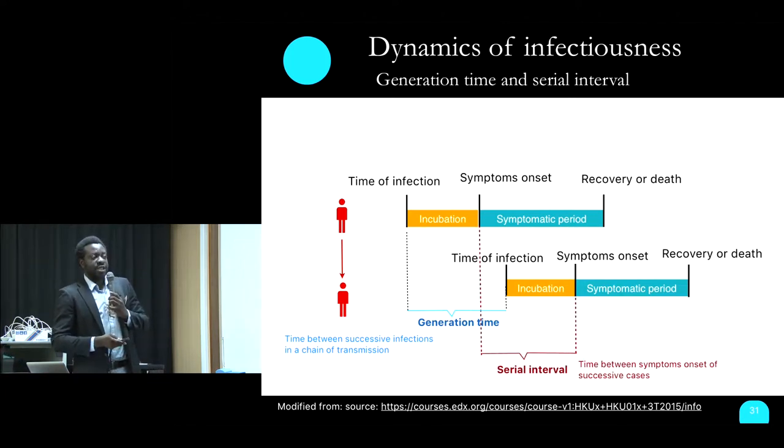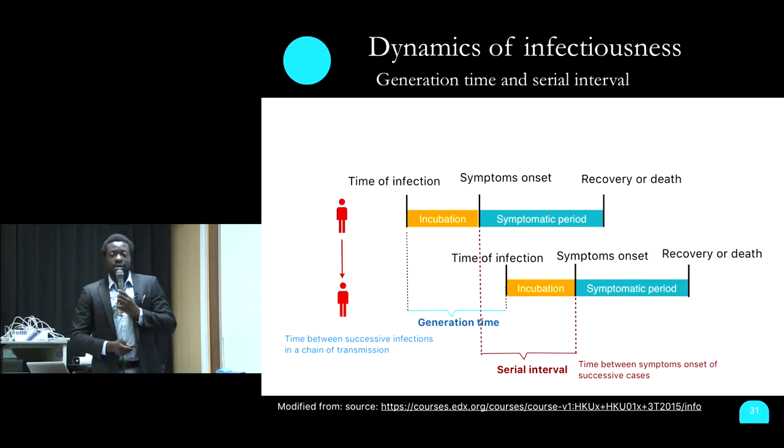So what we do is that we look at what we call the serial interval as a way to estimate the generation time. The serial interval is the lag time between the start of symptoms from the first infected person to the start of symptoms from the second infected person.